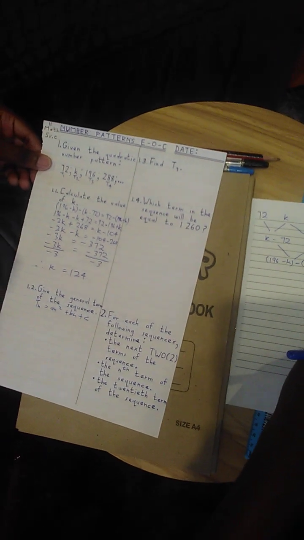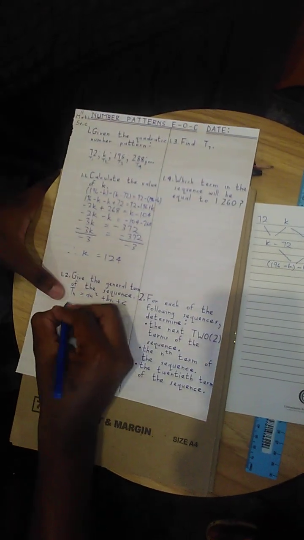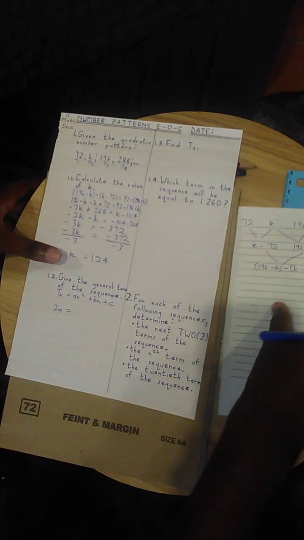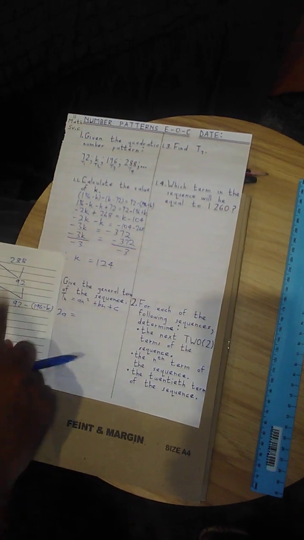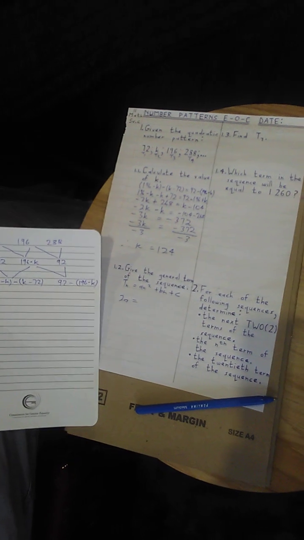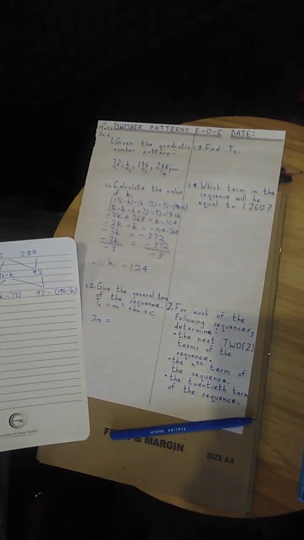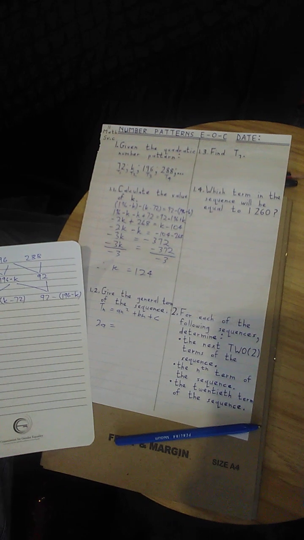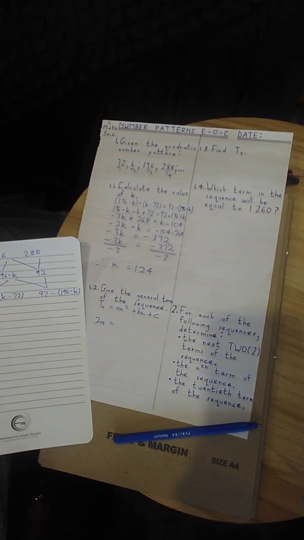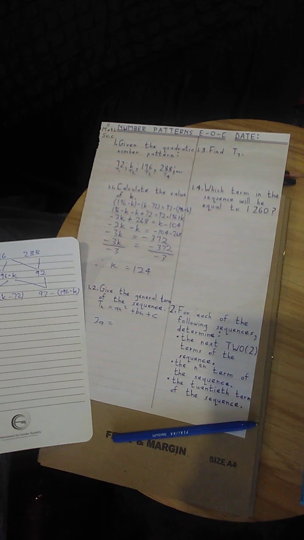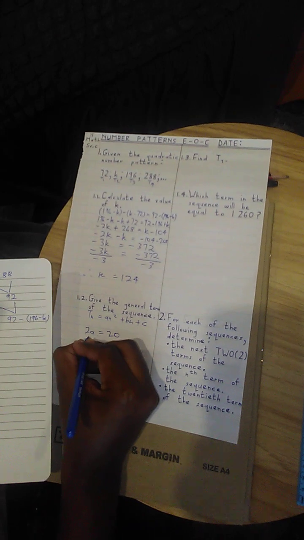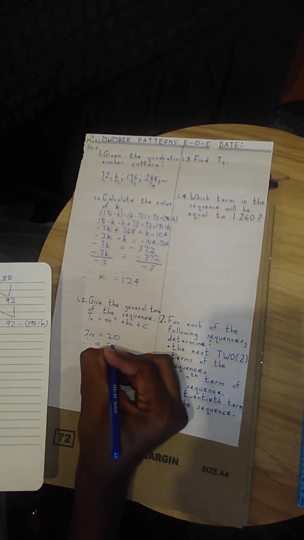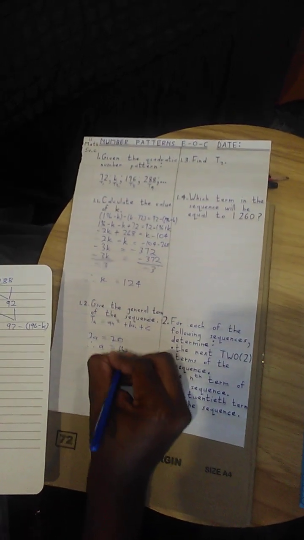So we're going to say 2a is equal to, let's just take 296 minus, open bracket, 196 minus 124. A is 20 dividing both sides by 2. A is 10.